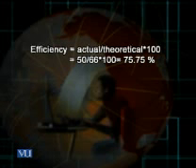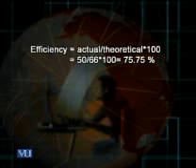Efficiency of the model is actual divided by theoretical multiplied by 100. So if the actual figure is 50, if we use the model, then we find that actually 50 persons prove to be males to whom the mail was sent, divided by 66, which was predicted or provided by the model, as you saw.